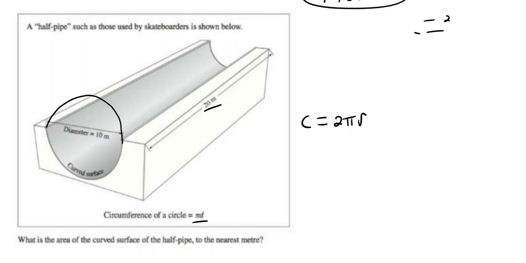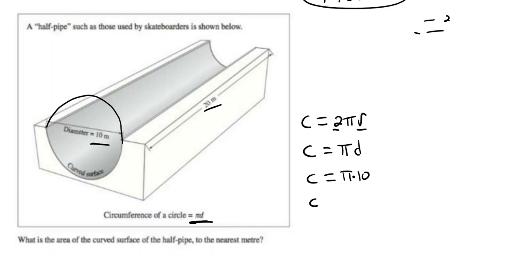Well, that really is the same thing, because 2 times the radius is the diameter, right? So they are the same. So let's just use the one they gave us here. Circumference is equal to pi times diameter.